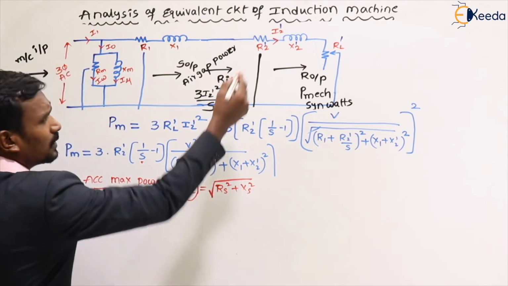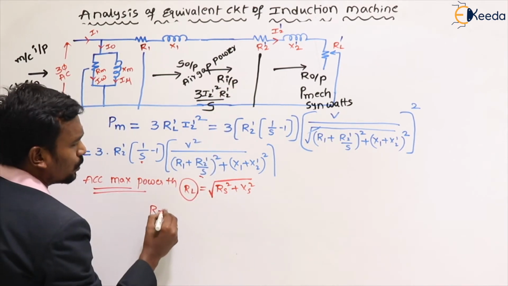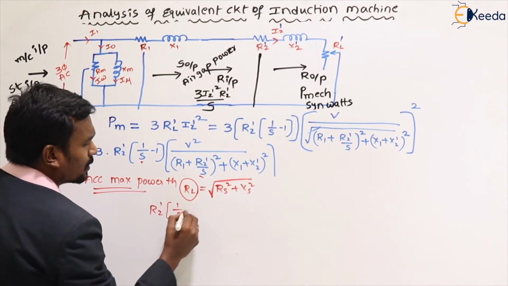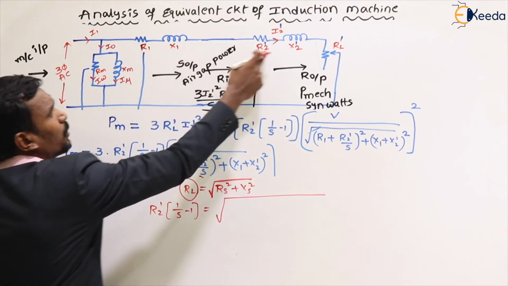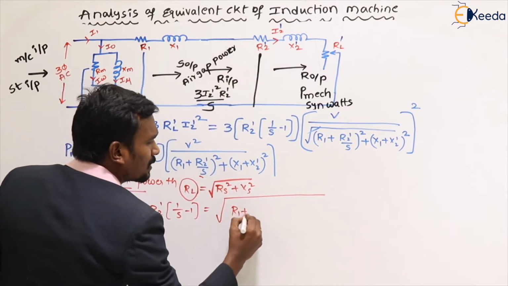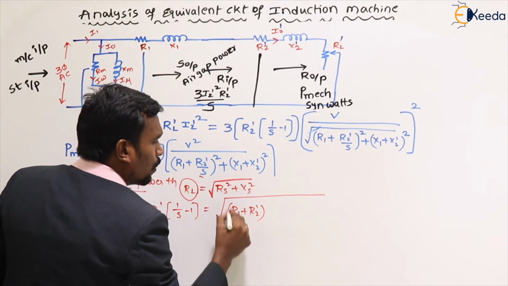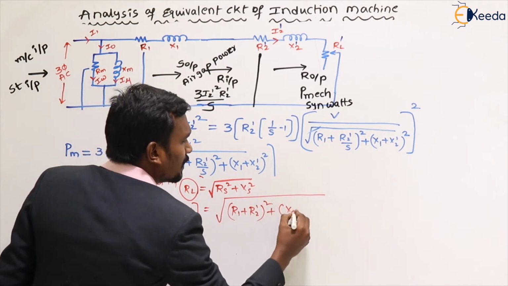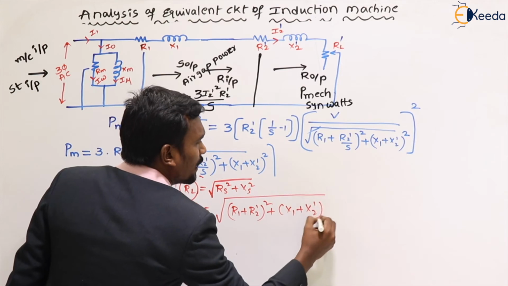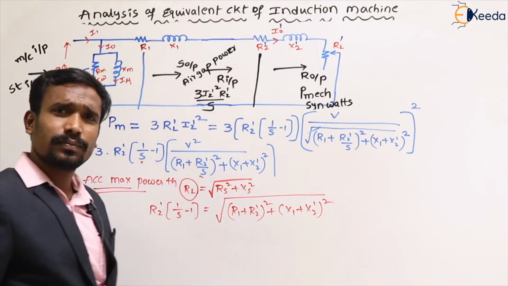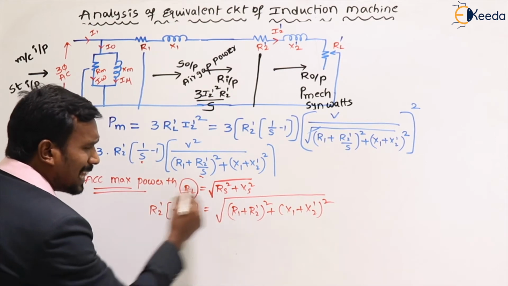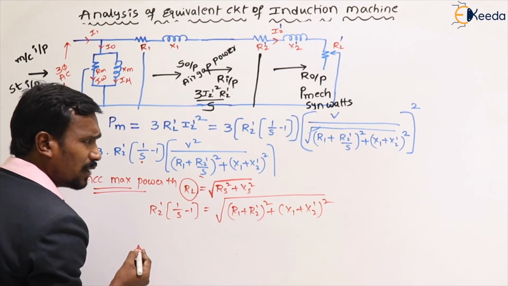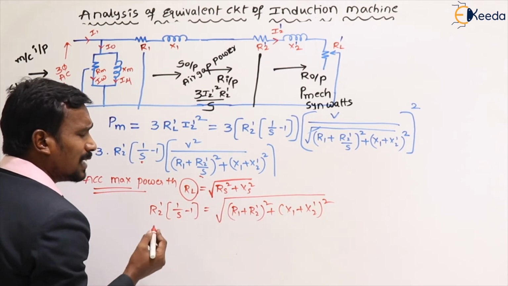So the load resistance, R2 dash into (1 by S minus 1), is equal to the square root of (R1 plus R2 dash) whole square plus (X1 plus X2 dash) whole square. If you calculate all those things, what is the answer here?